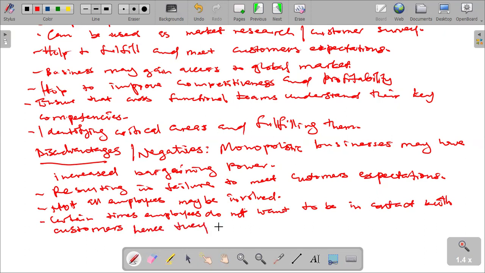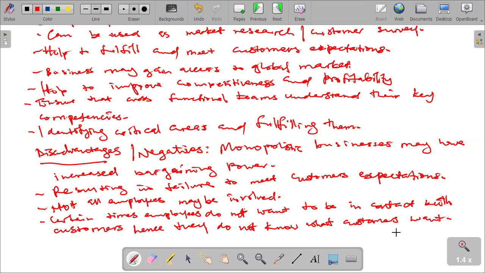Hence, they do not know what customers want. Sometimes they do not know what customers want because they don't really understand. They don't want to be in contact with customers.